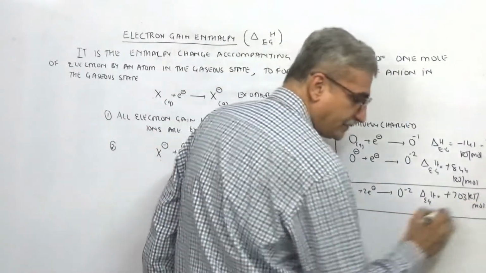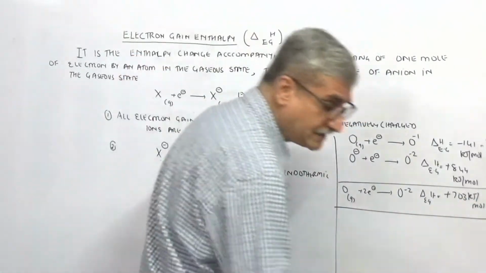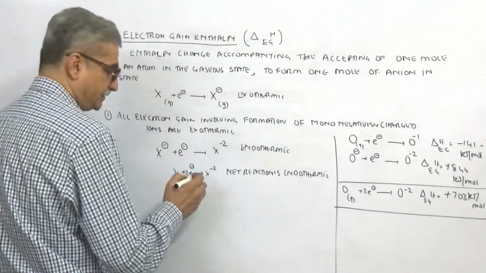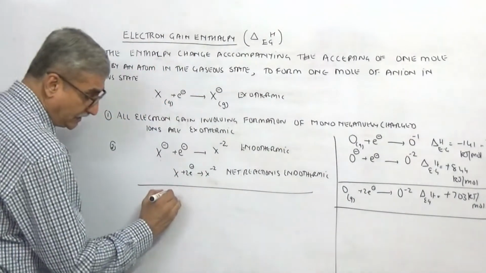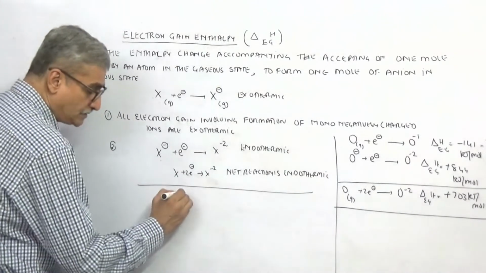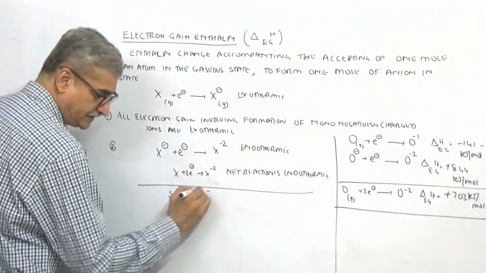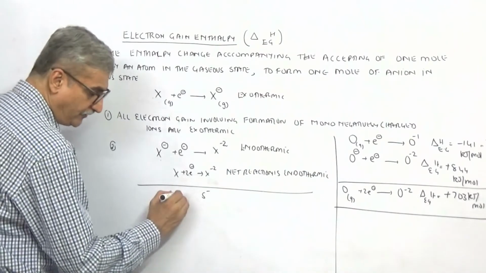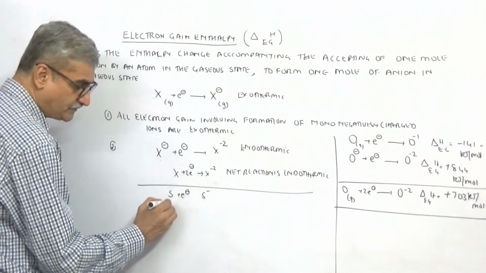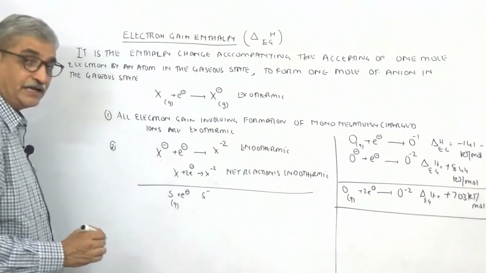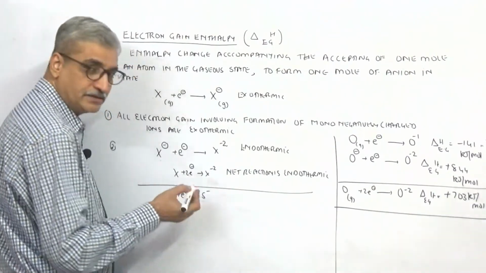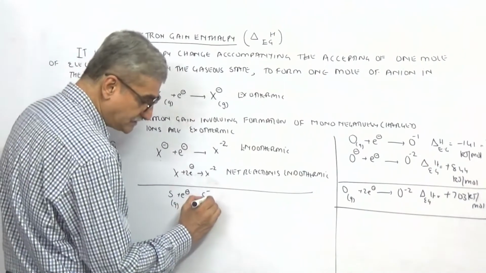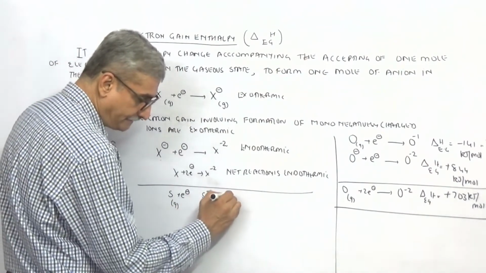This is one example. The other example is sulfur. 1 mole of sulfur atom in the gaseous state takes 1 mole of electrons to form S minus in the gaseous state.